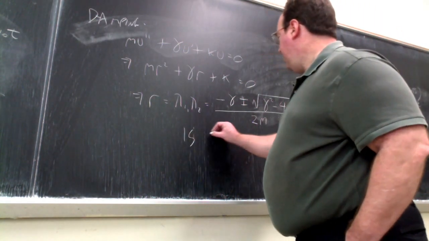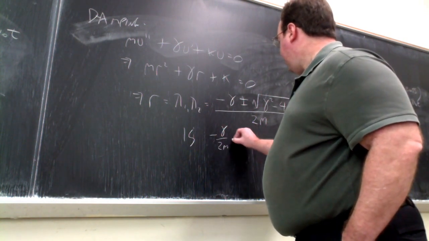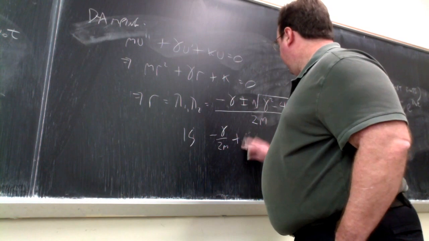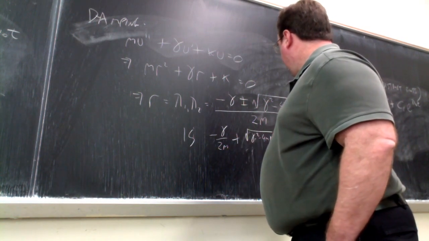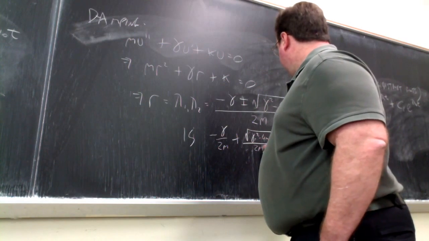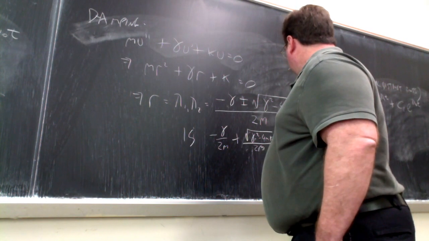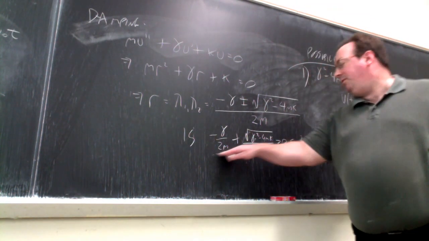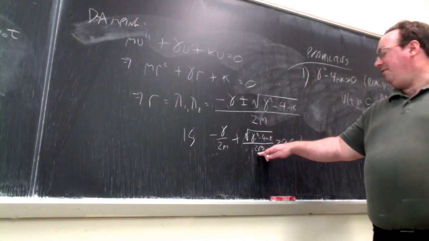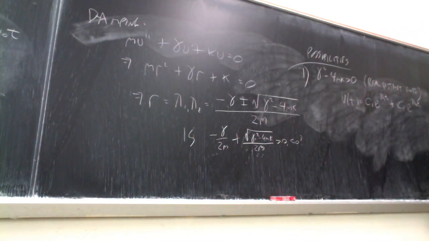Is minus gamma over 2m plus square root of gamma squared minus 4mk all over 2m positive or negative? Because this is certainly negative, but what if this is large enough that it could offset it and give you a positive result?